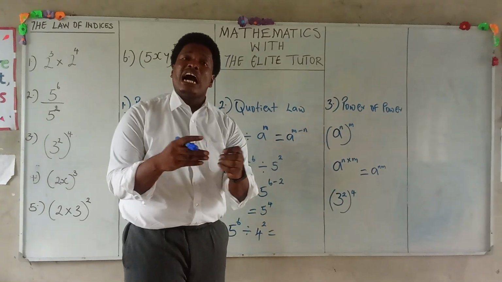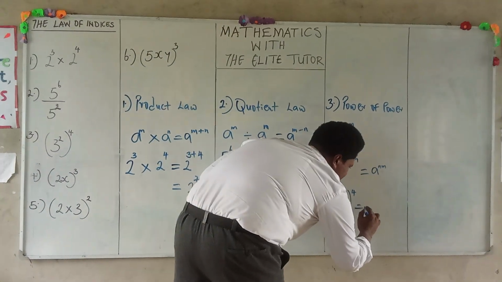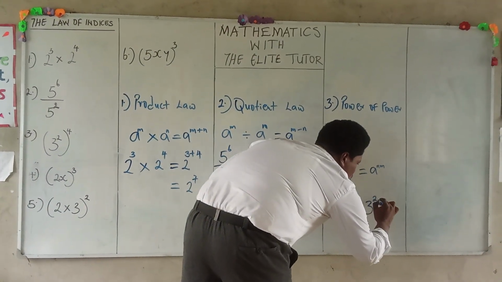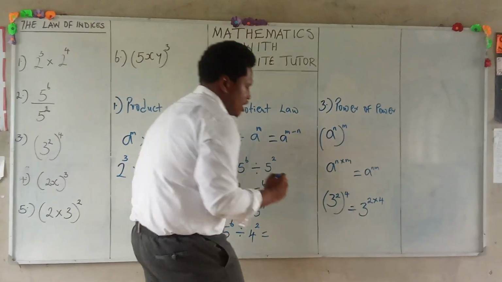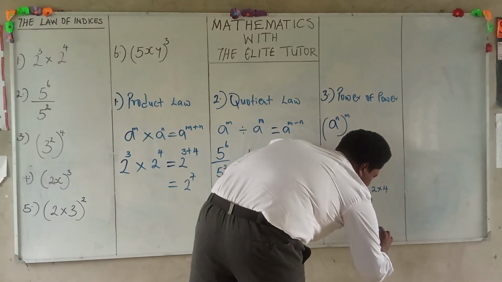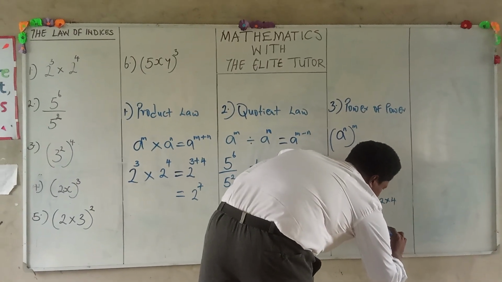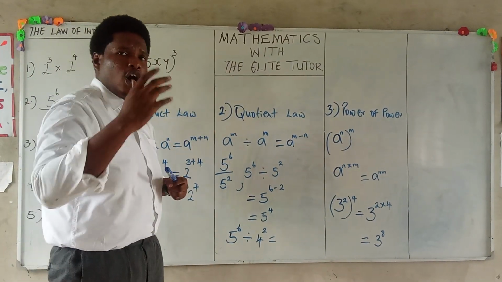So what are we going to do? We have to multiply both powers. So this will be written as 3 raised to power 2 times 4. We multiply both powers, and then our final answer will be 3 raised to power 8. And that's the application of the power of power law.